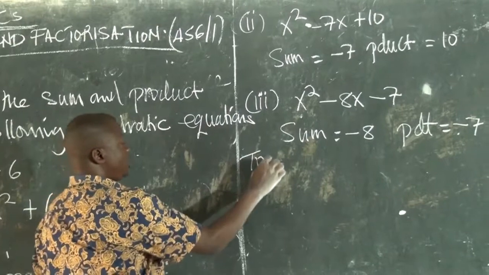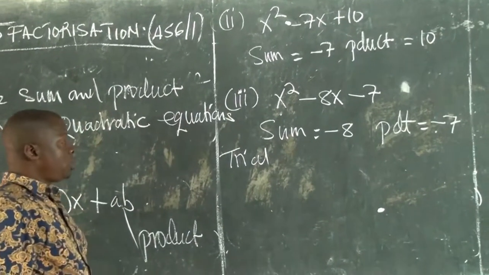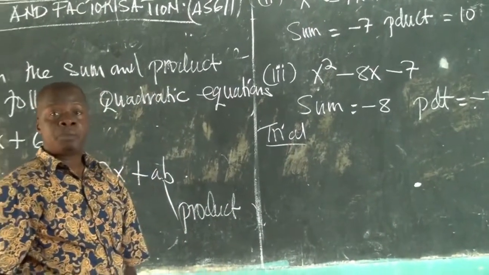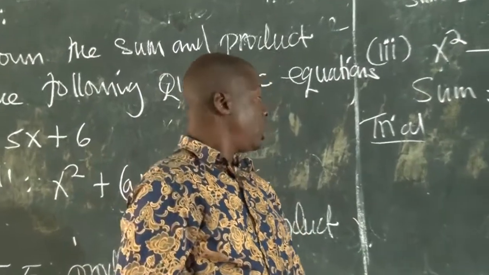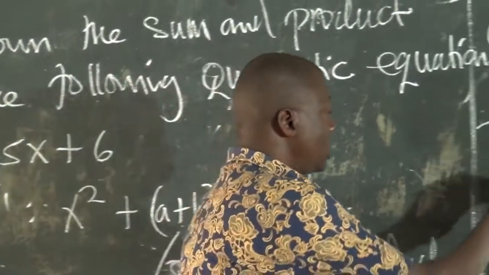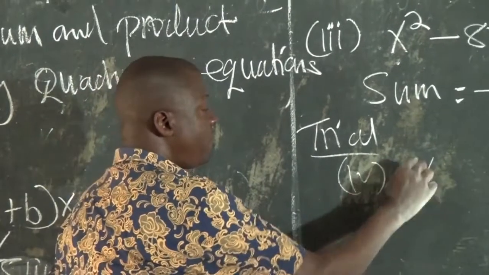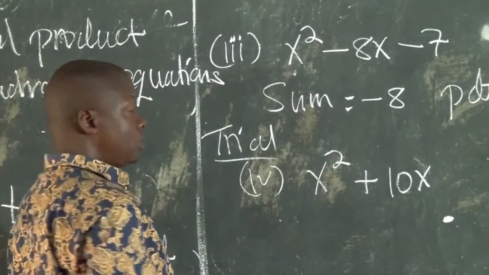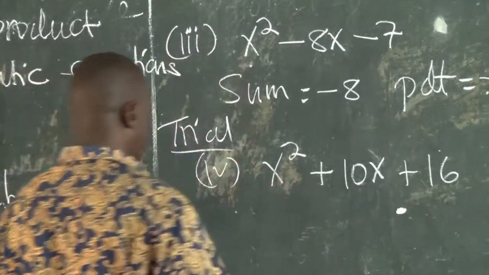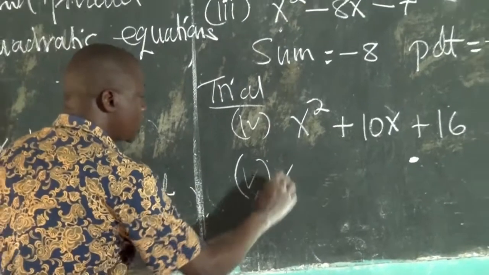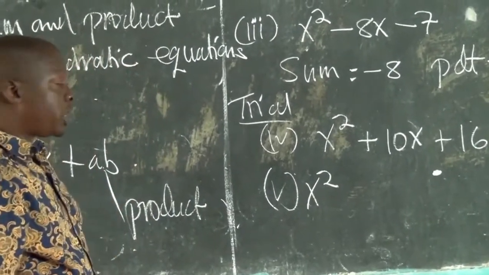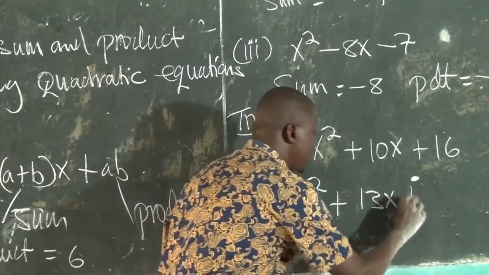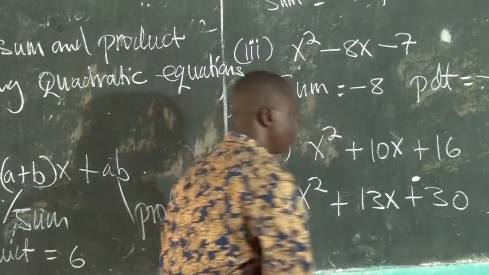I'll give a child here. That is, write down the sum and product of the following quadratic equations. That is number 4. We have x squared plus 10x plus 16. Next, x squared plus 13x plus 30.